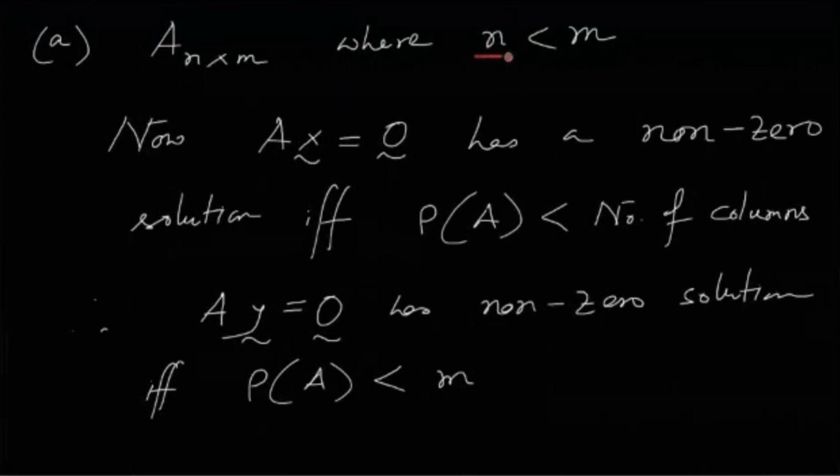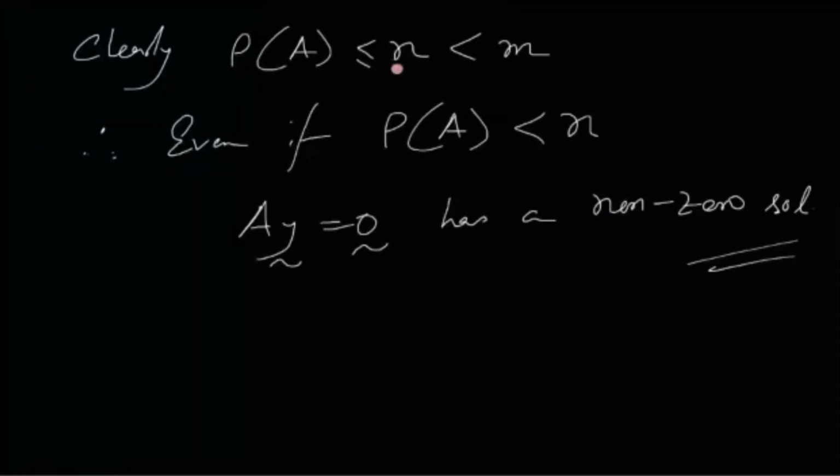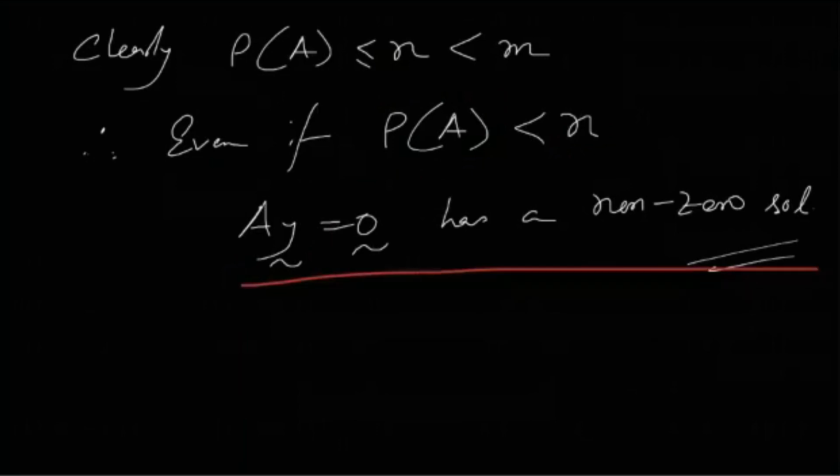Since n is less than m, the rank of A is less than or equal to n, which is already less than m. Therefore, even if the rank of A is strictly less than n, the number of rows, that means even if A is not full row rank, it still has a non-zero solution.